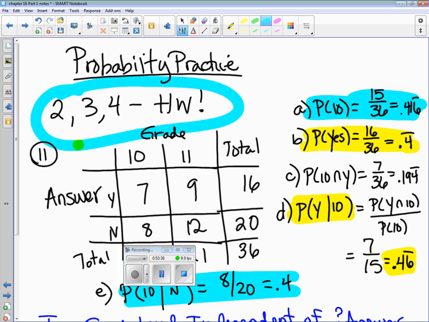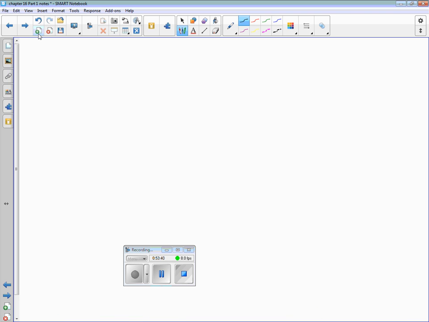This is the probability review. I'm going to pick a few problems here. I want you to do problem number 1. I'll try to pick odd ones. Let's have you do 21.